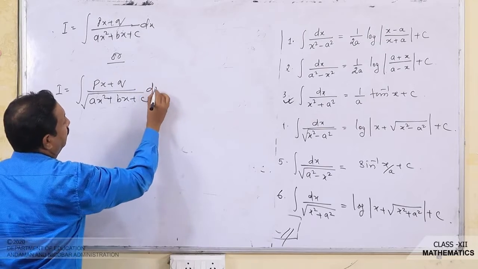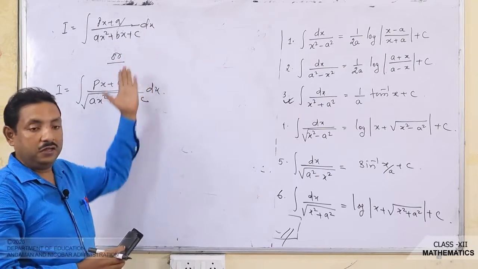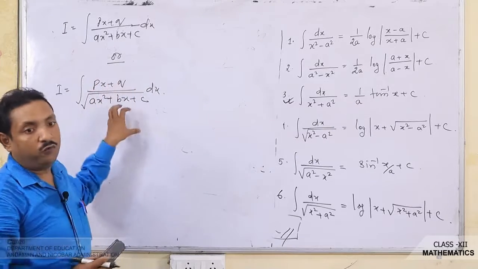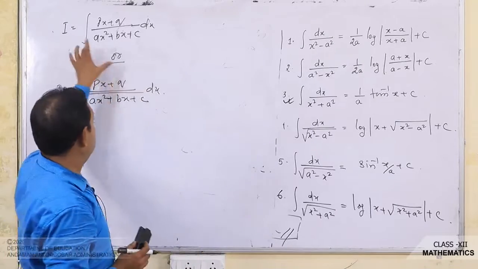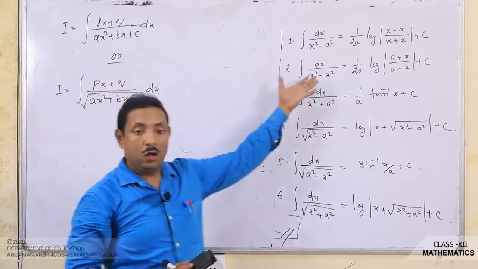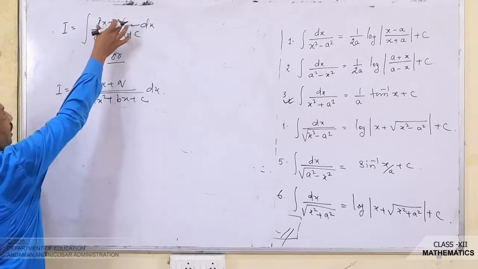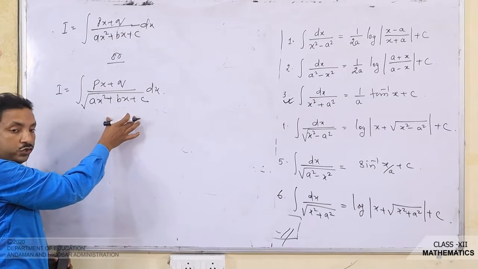These 2 forms. Suppose you are given the problem or questions in these 2 forms, then what can we do? Then we have to follow a particular procedure and bring these forms to one of the standard forms. What to do? We have the linear by quadratic form. It may be also in the root.